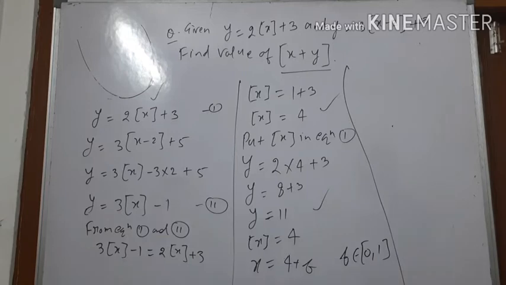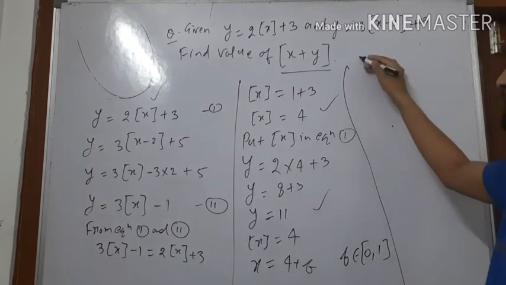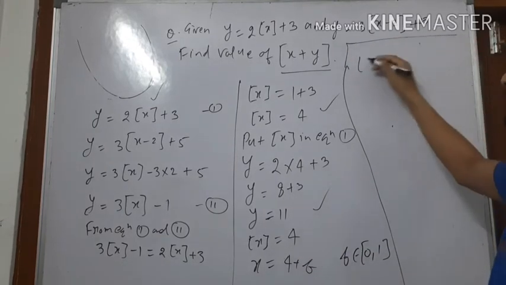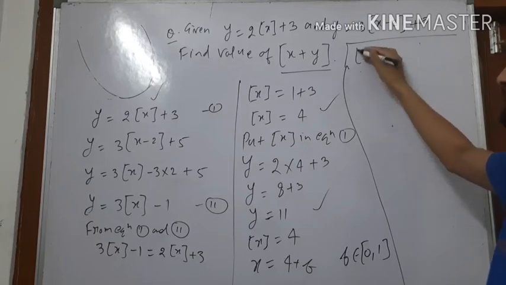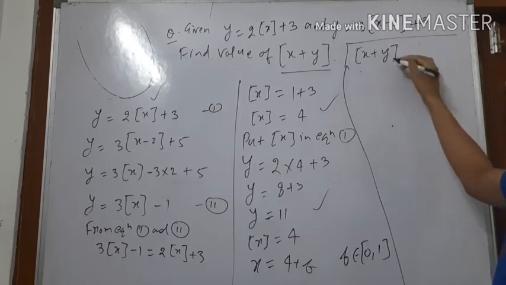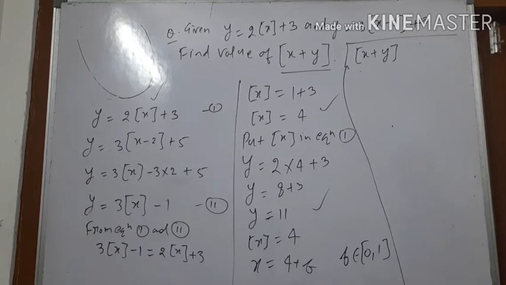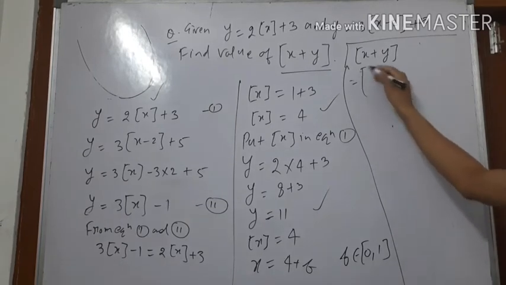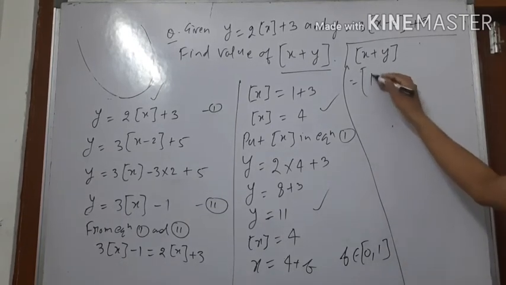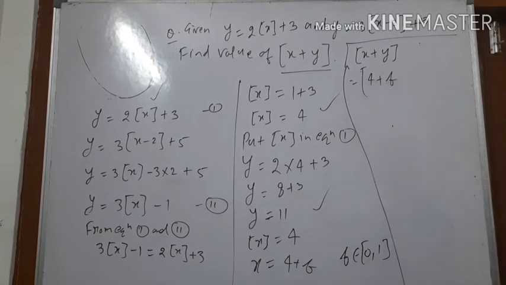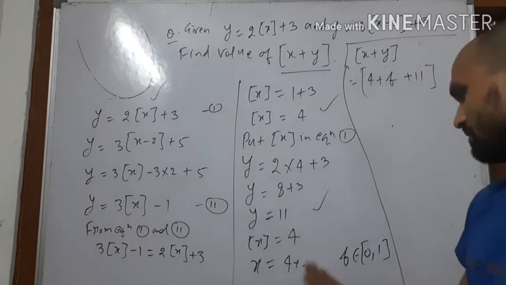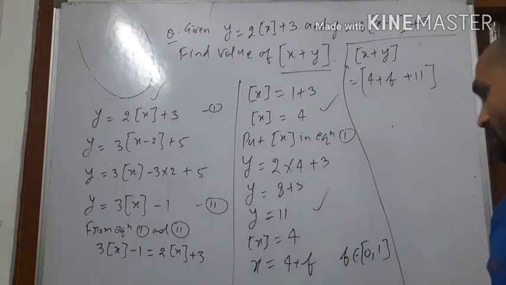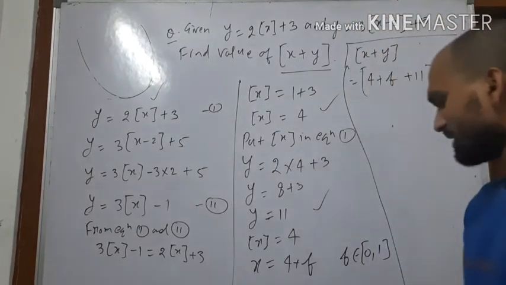Now we have to calculate the value of greatest integer x plus y. Now put the value of x and y, that is x as 4 plus f, and y as 11. Students, here we have taken 4 plus f.